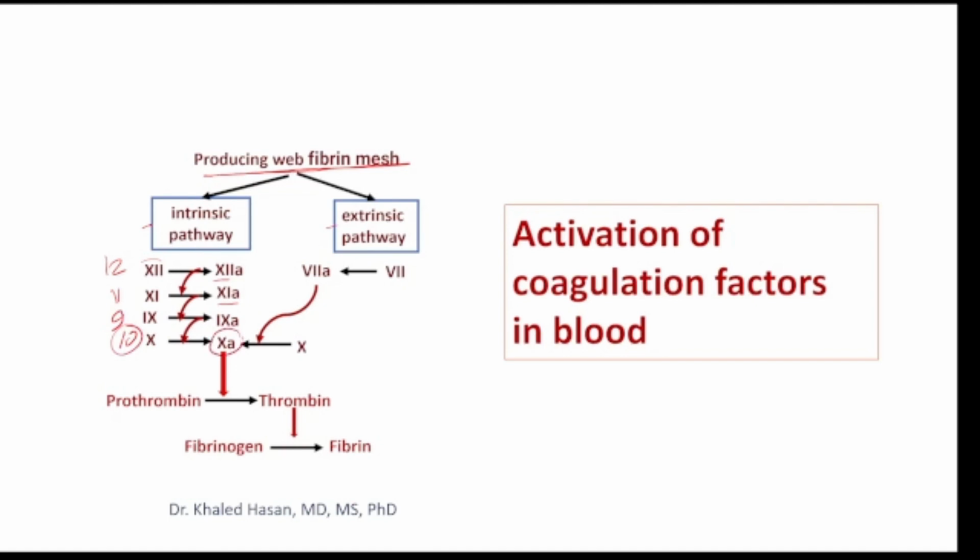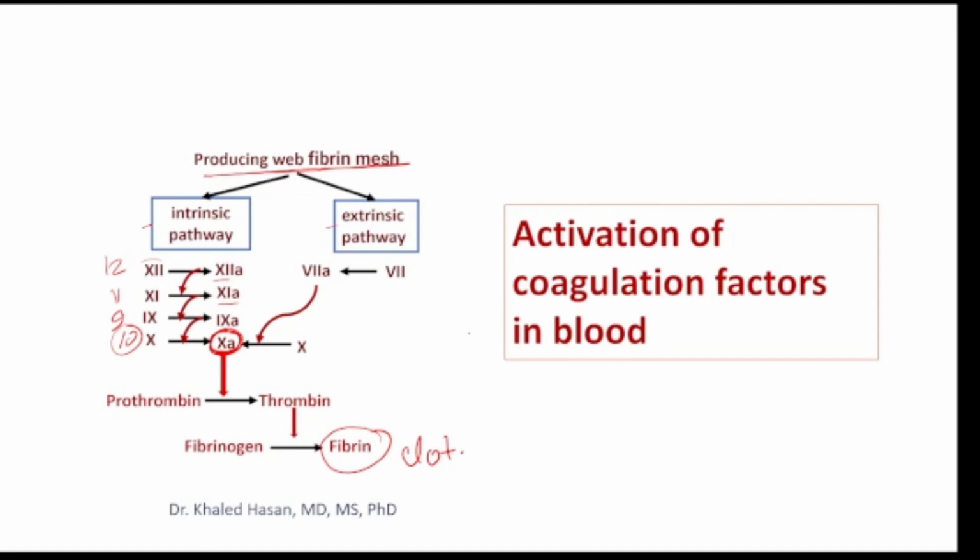This is the important one, the important target for us, factor 10A. Factor 10A activates prothrombin to thrombin, and in turn the thrombin enhances the conversion of fibrinogen to fibrin. That means here the fibrin plug.